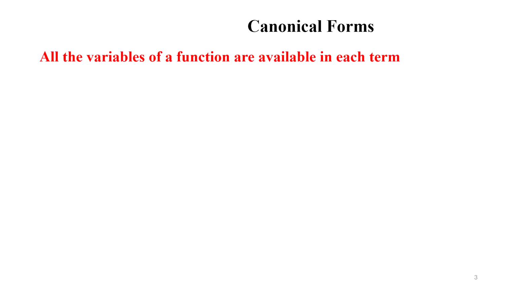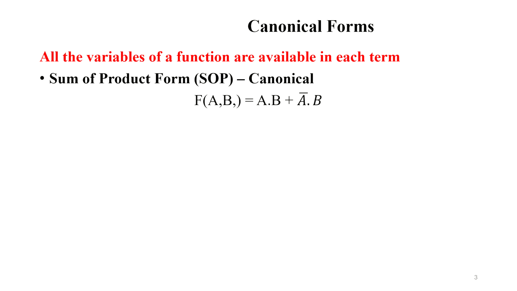Now let us move to the canonical form, where all the variables are available, like this, a function of A and B. Here only two variables are there. Let us take an example: a function of A, B and C, with three variables.